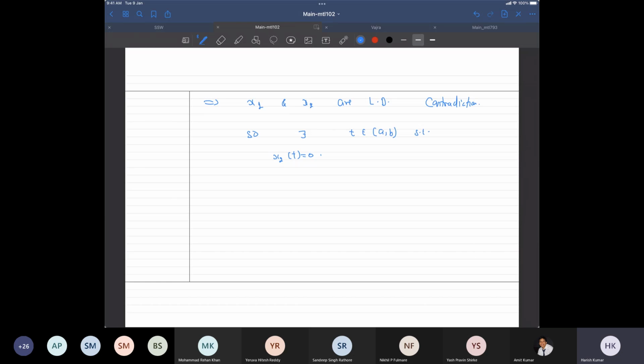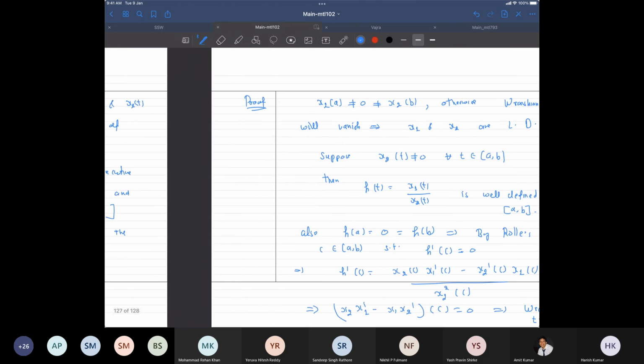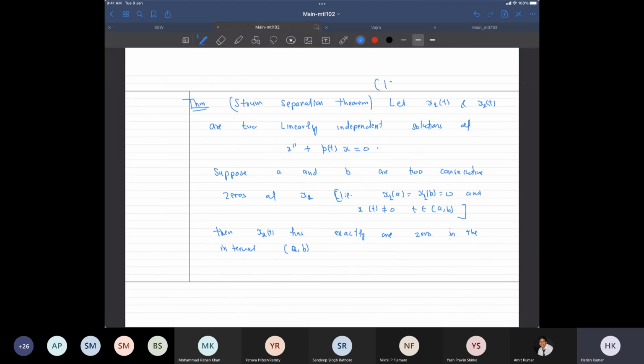Immediate consequence of this result, and this is actually a pretty old result, from 1836 by Sturm. Okay.